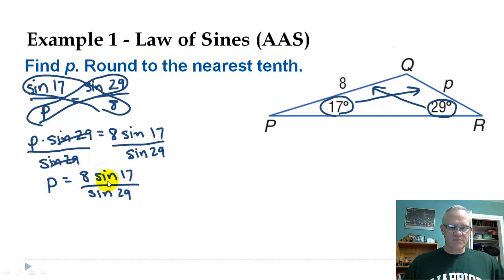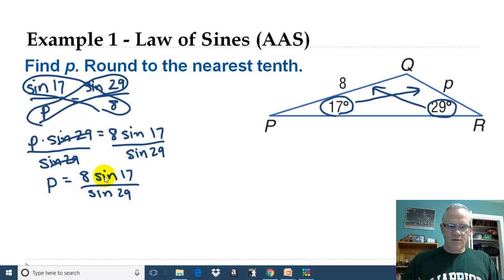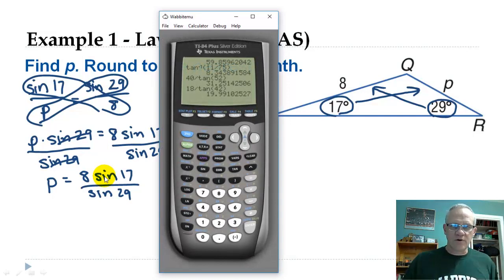I just have to type this in my calculator now. So here's my calculator, and we're just going to type this in here. 8 times the sine of 17, close parentheses, divide by sine of 29.